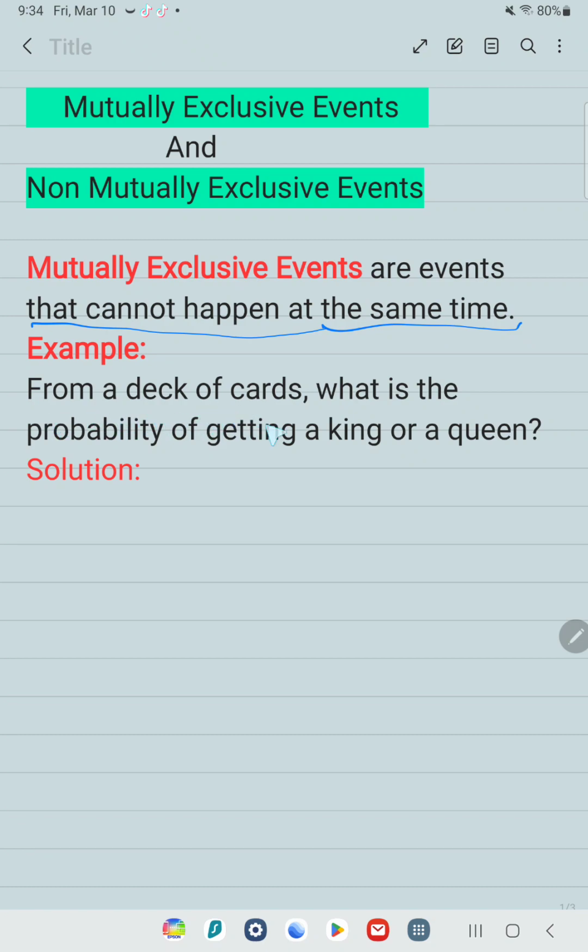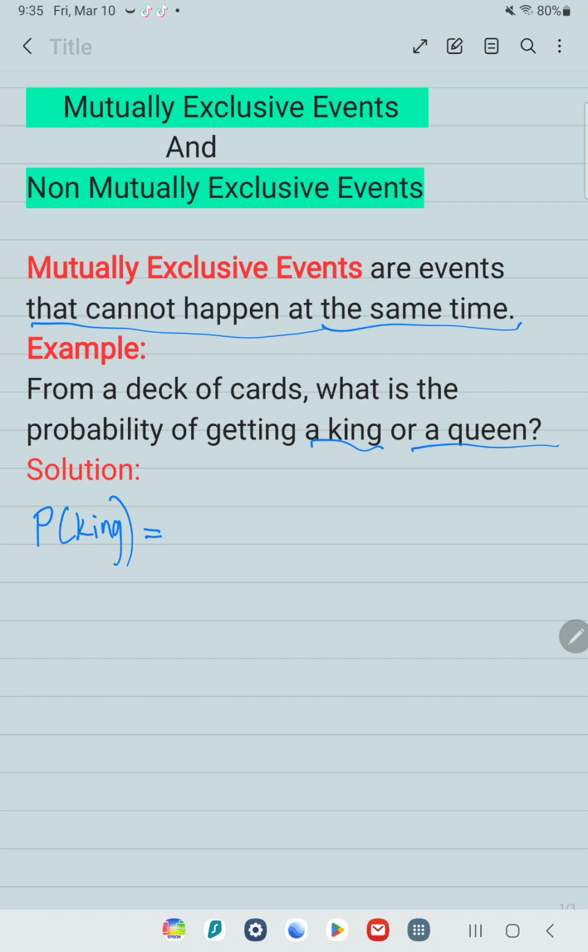From a deck of cards, what is the probability of getting a king or a queen? I know that you're familiar with a deck of cards. There are 52 cards, and there is no such card that is a king and a queen at the same time. So it's either a king or a queen. To find the probability of mutually exclusive events, we first get the probability of the first event, which is the probability of getting a king.